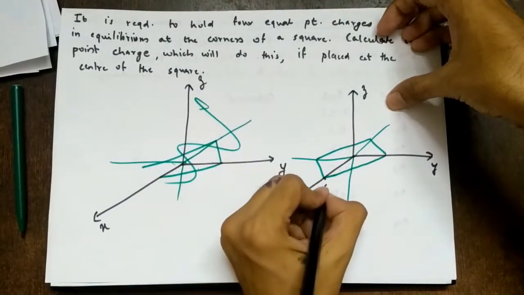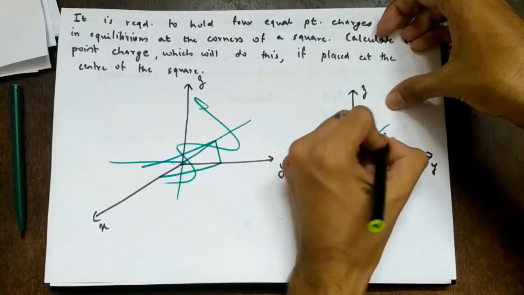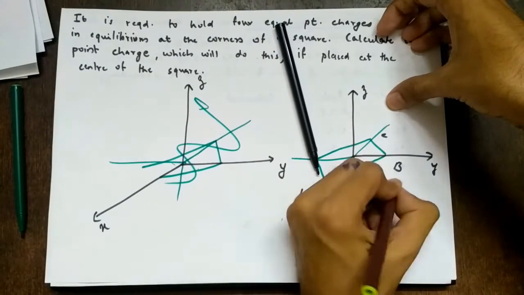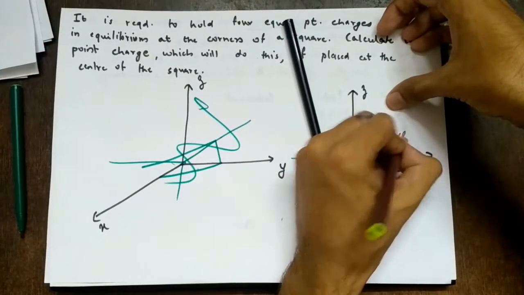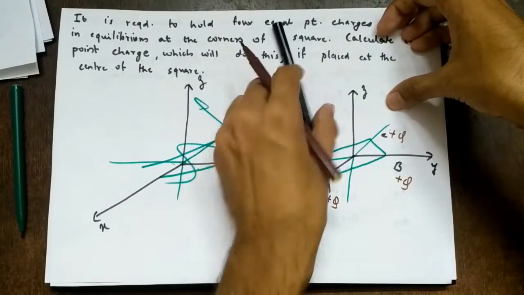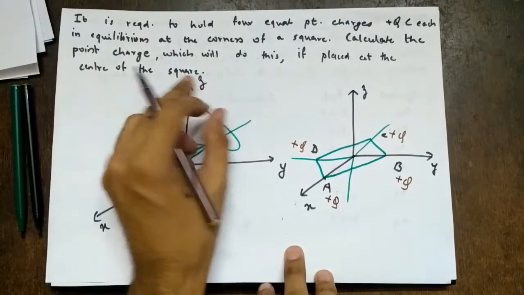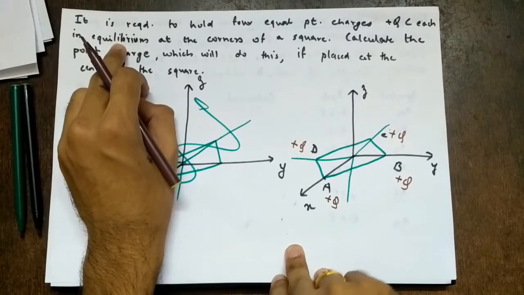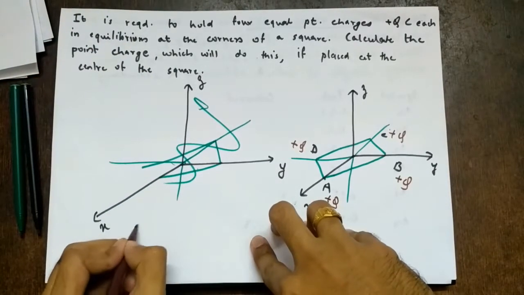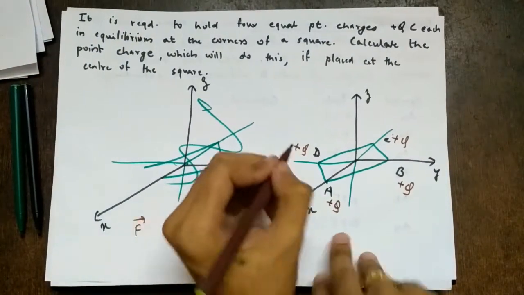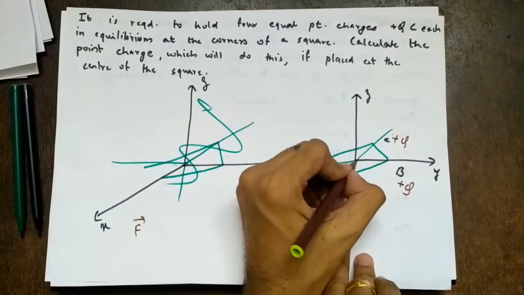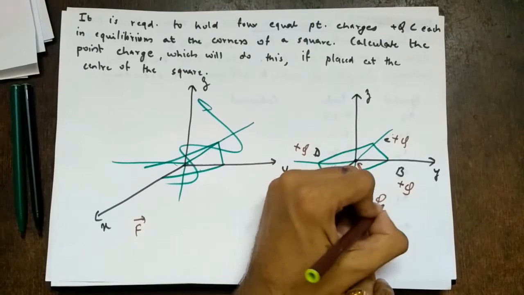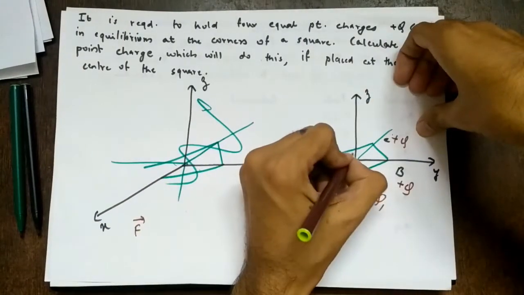So let's say this is A, B, C, D. Each is having plus Q coulomb charge as given in the question. And what you want? Calculate the point charge which will do this. What it will do? It will keep the charges in equilibrium. That is what all the forces addition at the center of the square, right? So find the point charge at the center of the square. So let's say this charge is Q1 and this is origin O.